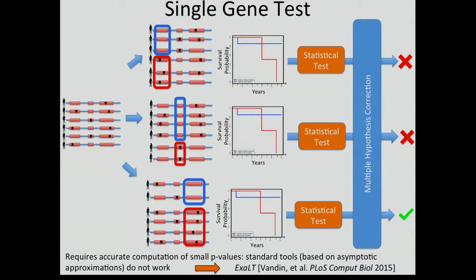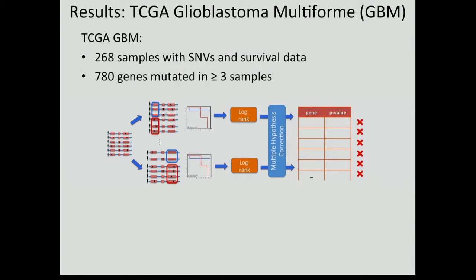OK, so now that we have this test, what we can do is take a real data set, for example, from the TCGA Glioblastoma Multiforme, which has hundreds of samples. We take the samples for which we have mutation and survival data. We take only the 780 genes that are mutated in at least 3 samples. And we do this single gene test.